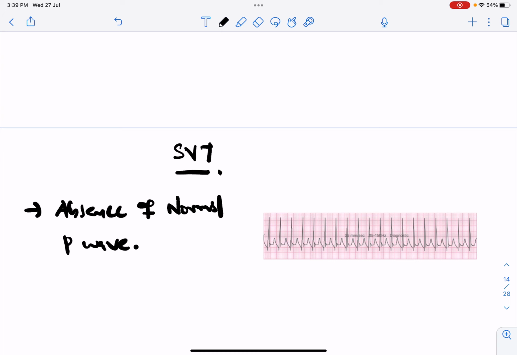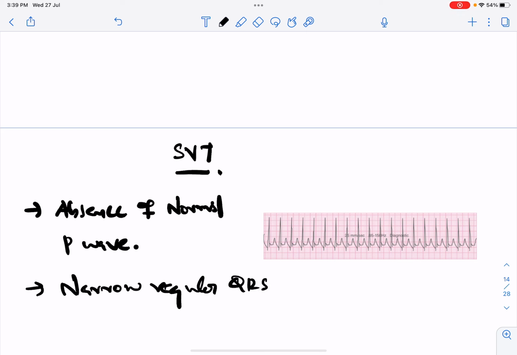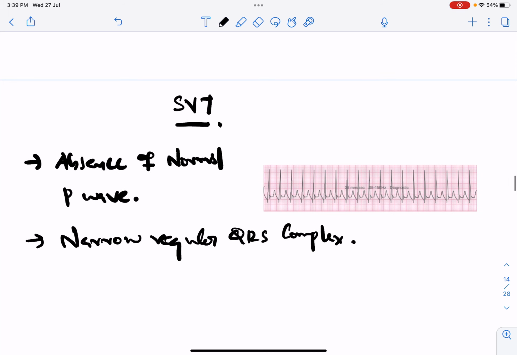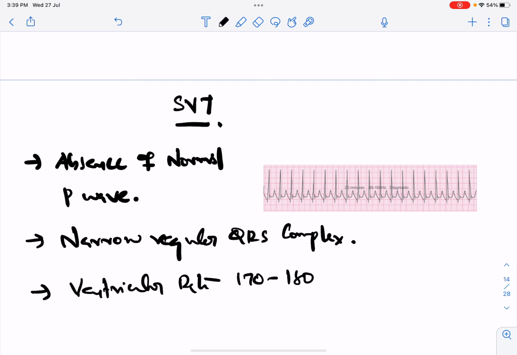Okay, and narrow regular QRS complex. And the ventricular rate, or the heart rate, in SVT is usually 170 to 180 beats per minute.